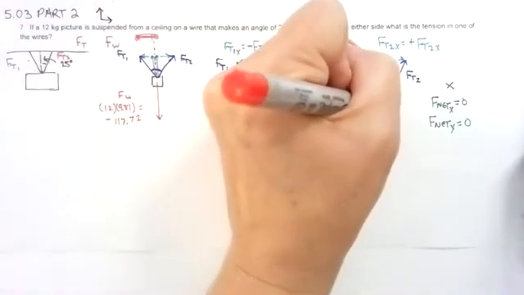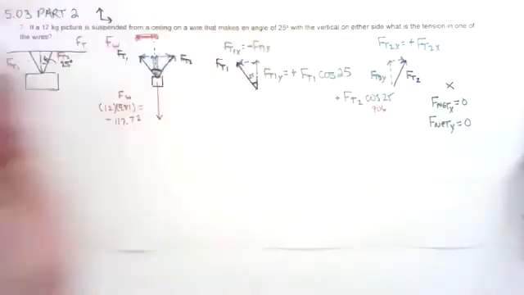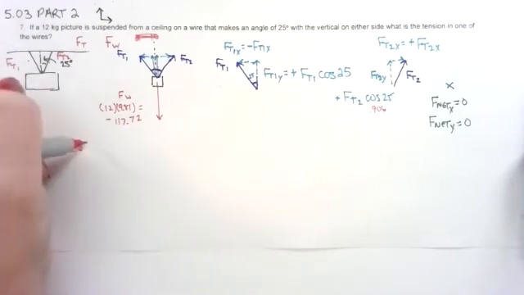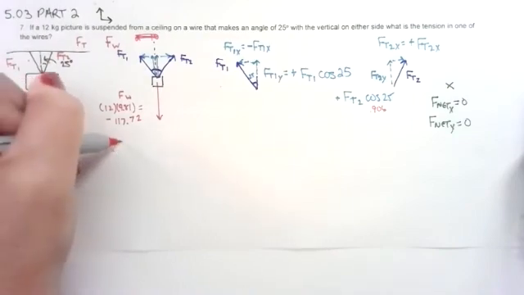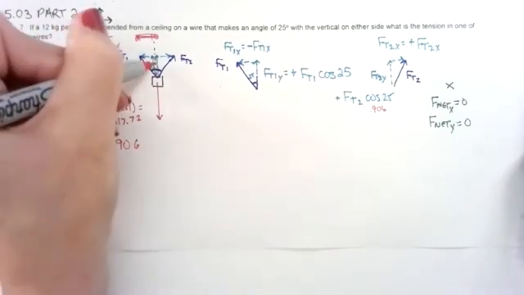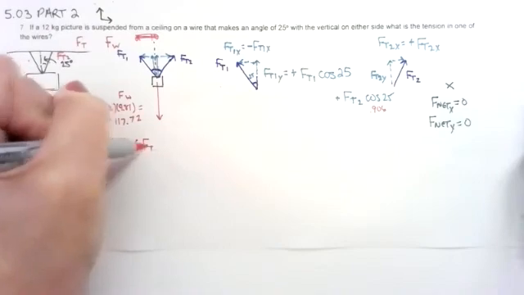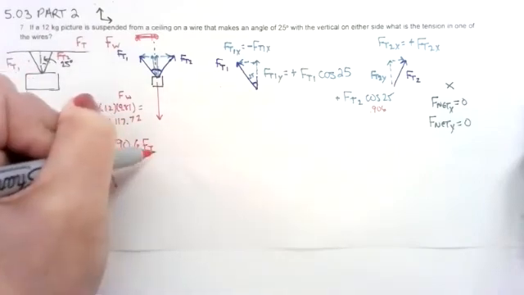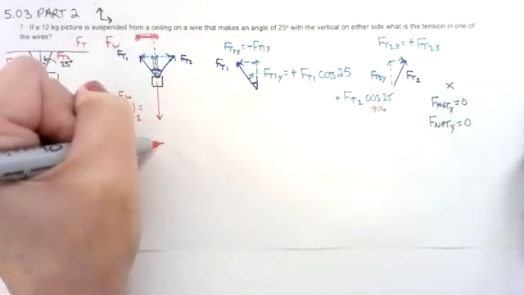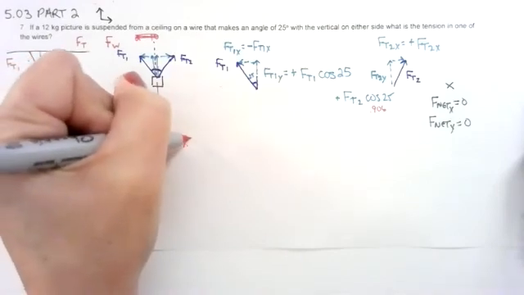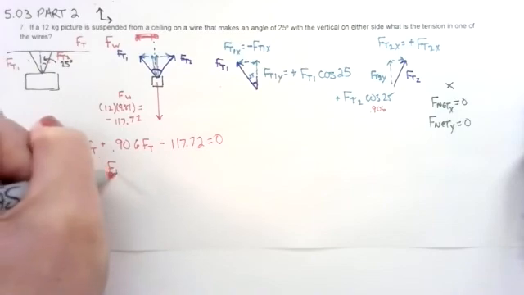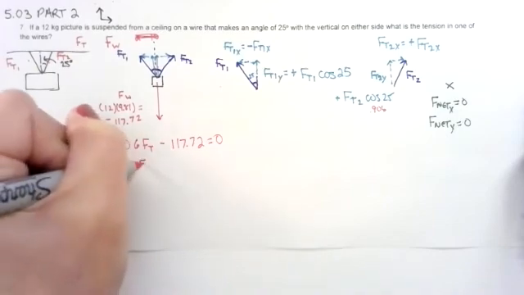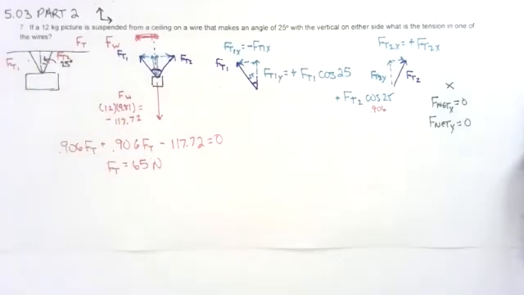So it's going to give me 0.906 FT, that's this one, plus 0.906 FT. This would actually be the FT1, FT2, but you know they're the same, minus 117.72 has to equal 0. And when I solve, I get a tension of 65 newtons.